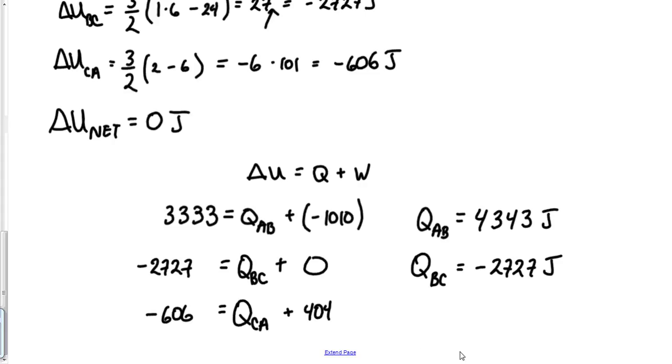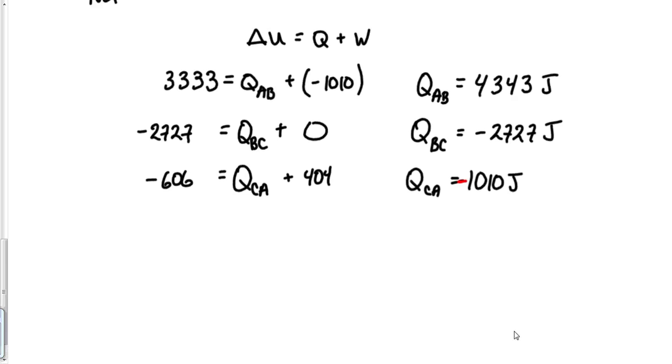And now this is interesting. Q CA is equal to negative 1,010 joules. Please notice that negative there. This is the longest problem ever. Not really. But anyway, now that's kind of neat.